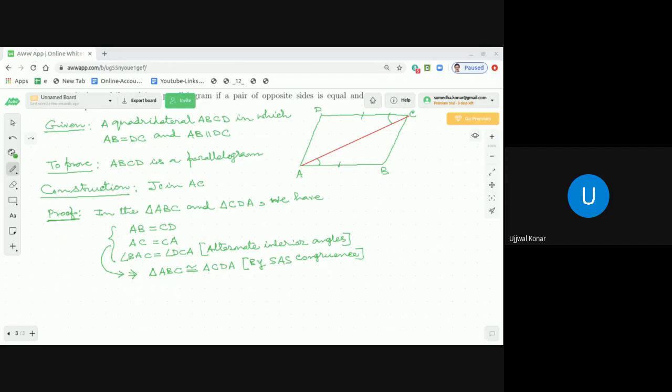Now, as these two triangles are congruent to each other, dear students, what can we conclude? We can conclude that angle BCA is equal to angle DAC by means of CPCT.